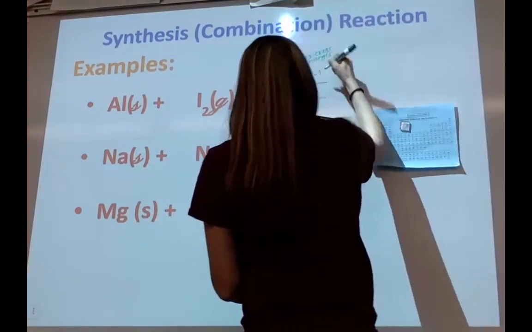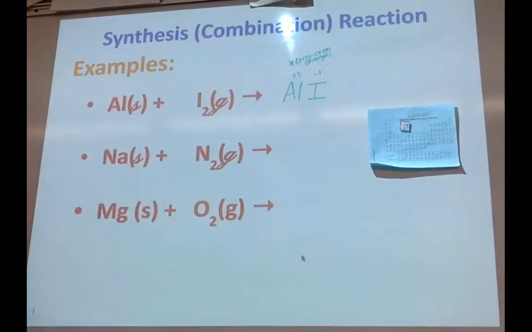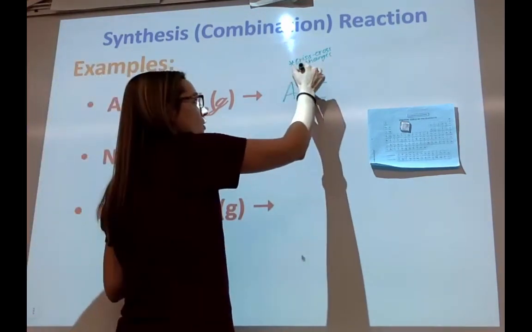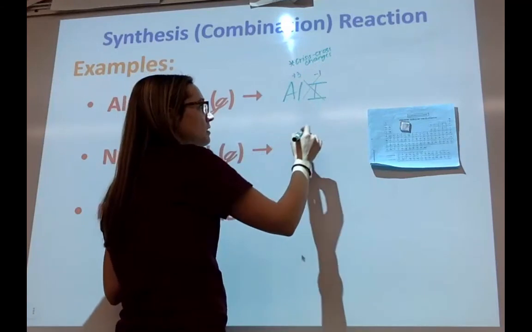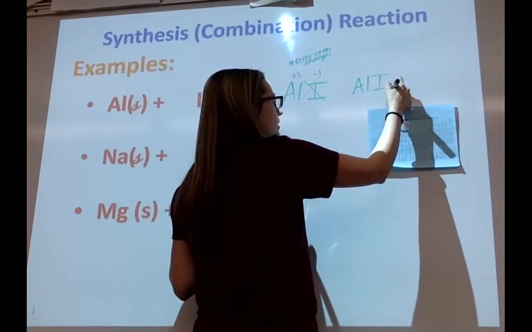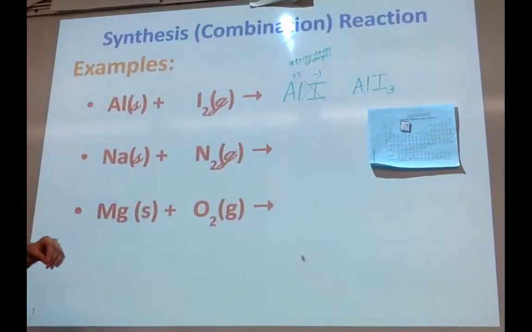Halogens are -1. Whenever you form a new ionic compound, ionic is a metal and a nonmetal, you have to look at the charges and crisscross the charges. So you crisscross the charges, your product that you get is AlI3. That's the new substance that was formed.